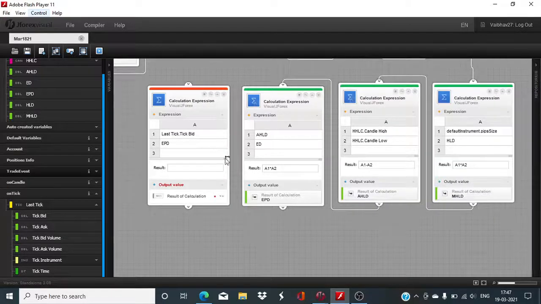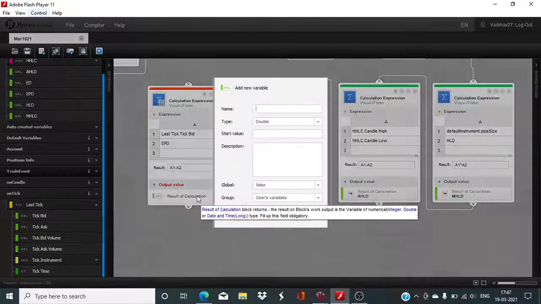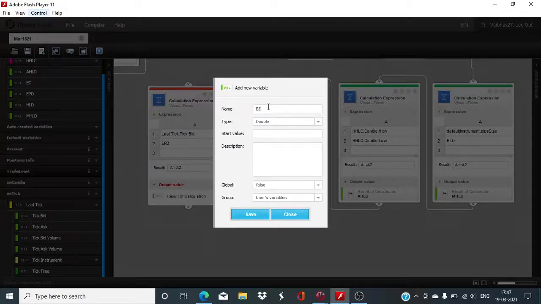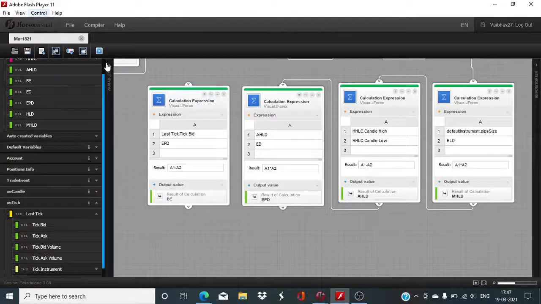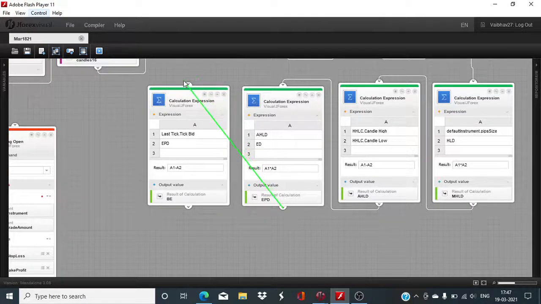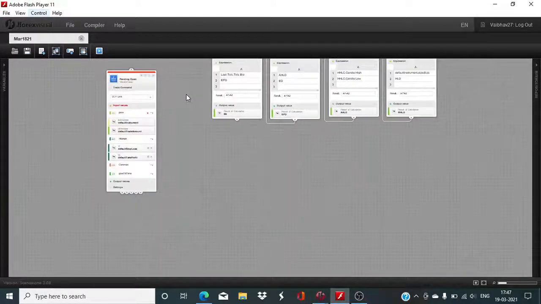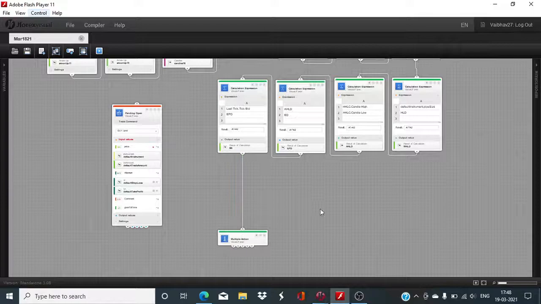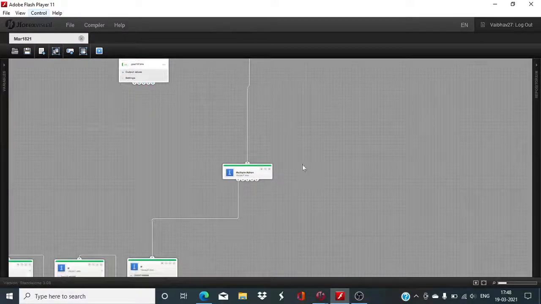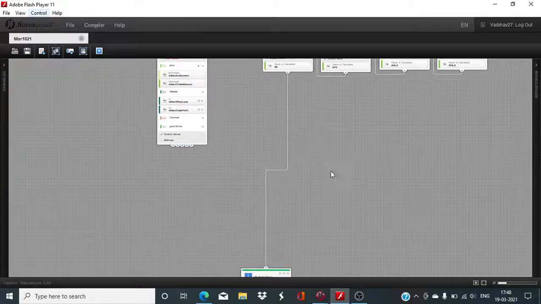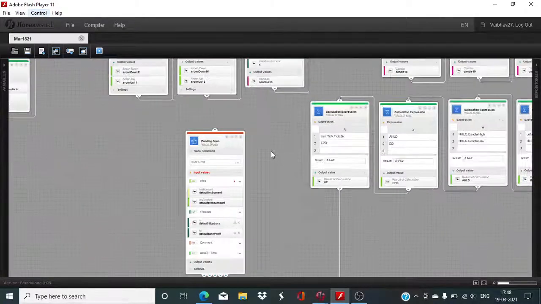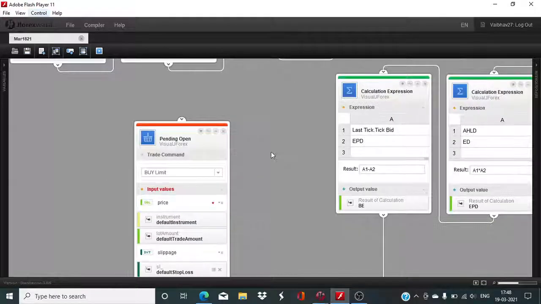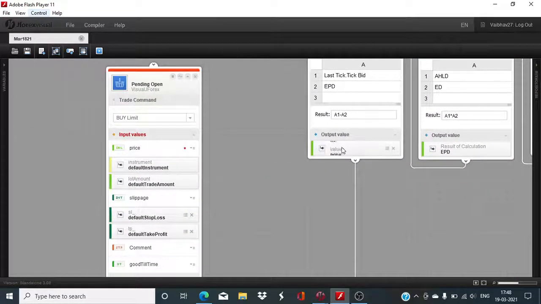So this is going to be A1 minus A2, and this will be our buy execution price E. Okay, so this goes, and we will join the flow for representative purposes. Later again we will have to disconnect it, as we will start adding blocks for the sell side requirements for defining those conditions. So the price has now been calculated.